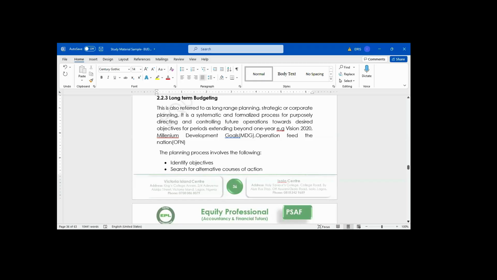Millennium Development Goal. This one was set in the late 1990s, maybe 1995. That by the time Nigeria reached the year 2000s, we need to achieve some key viable economic projects, some development.